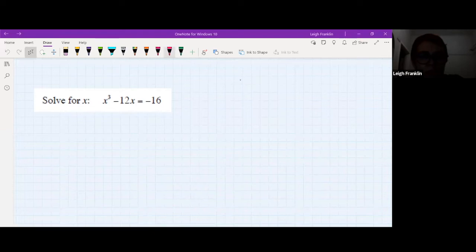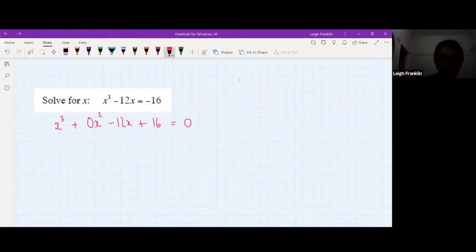What coefficient do we give it? Can't give it a coefficient of 1. Remember, it's not there, so we give it a coefficient of 0. Does that make sense? So 0x squared minus 12x plus 16 equals 0. Now it's in standard form.